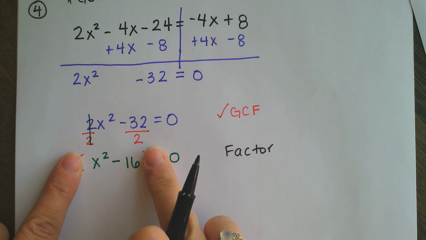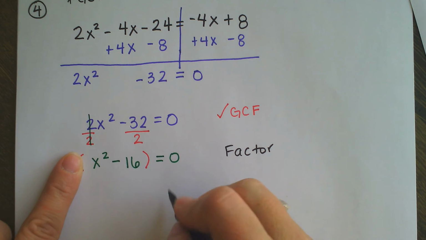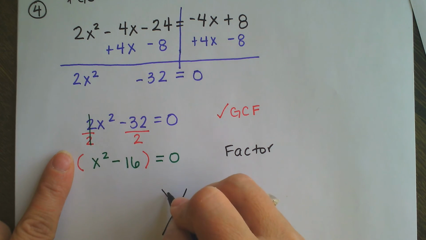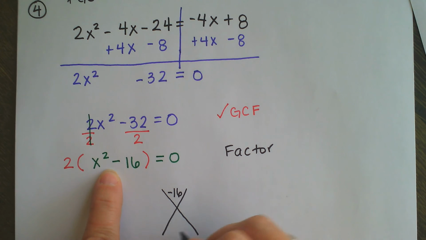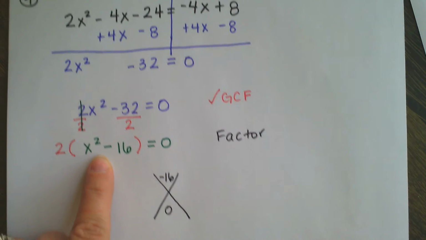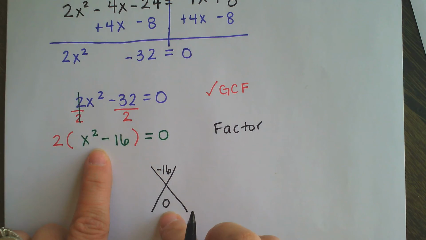just this inside piece. So what we have here is we need to find factors of negative 16, but it's not a trinomial. There's not a term with just an x in the middle. So we want to find terms that multiply to negative 16 but add to 0.